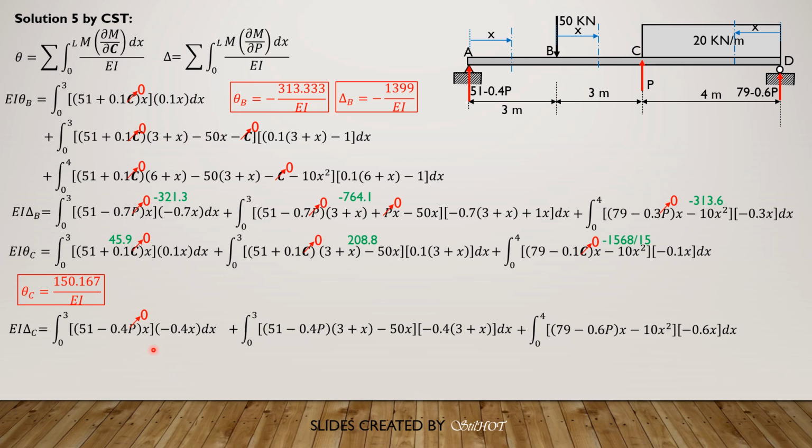So for the first integral, before we evaluate, you have to set P equals 0, so it's negative 183.6, same as before in the virtual work method.